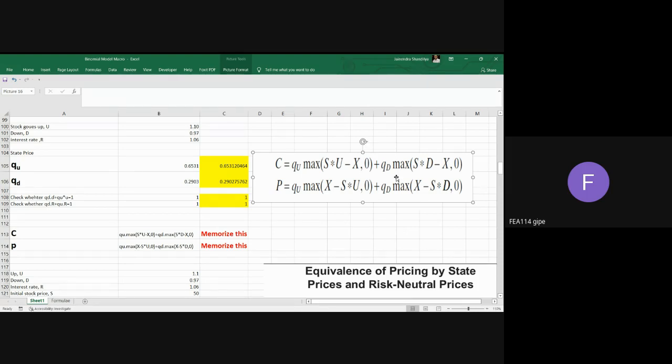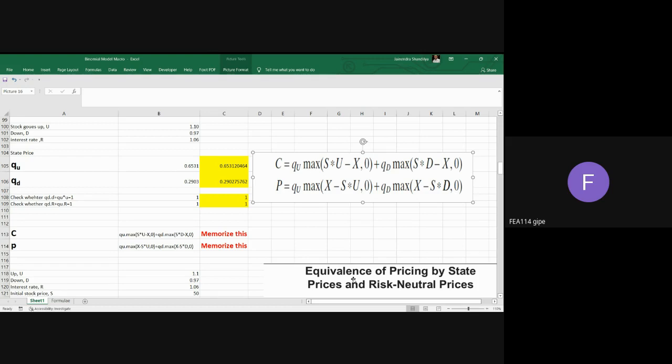And then the second component is QD into the maximum of stock into the downside movement, and subtract from that the exercise price, in case there is anything left in this. Similarly for the put option, we multiply QU into the maximum, and we reverse the sequence.